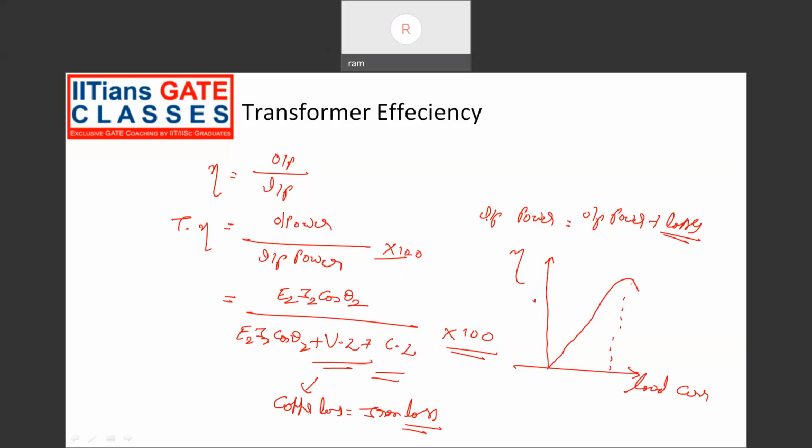This is the point where the variable losses and the iron losses are equal. And if you draw the same curve for different power factors, different values of theta 2, we have curves like this. The highest one corresponds to UPF, the next one corresponds to 0.8 power factor, and the last one corresponds to 0.6 power factor. So in the next slide, I will show the clear picture.